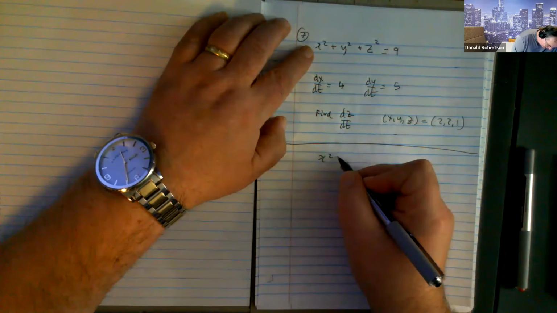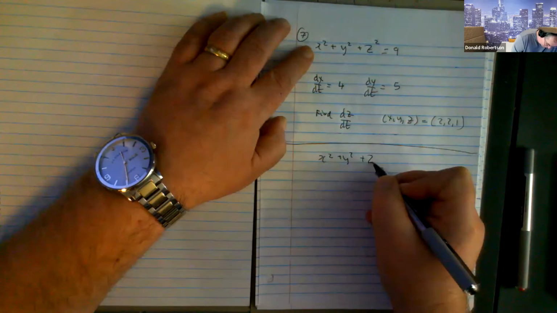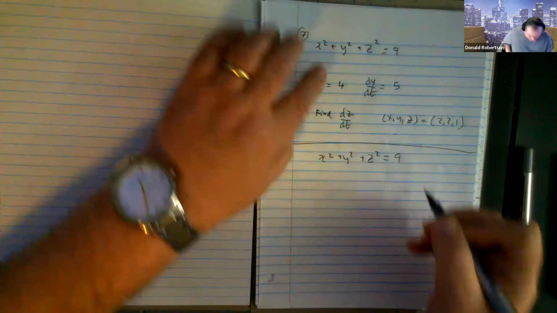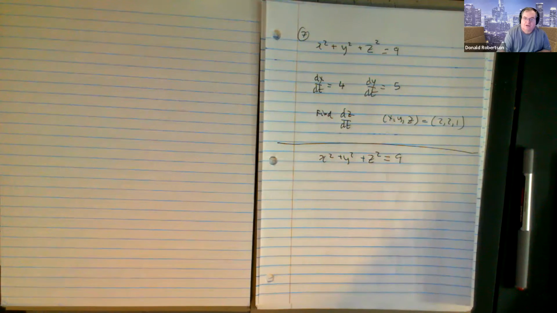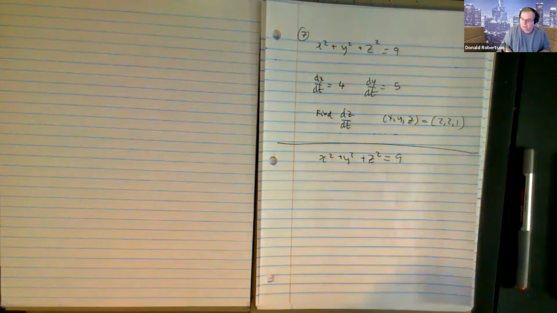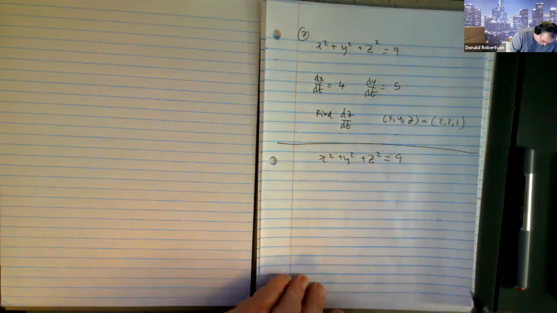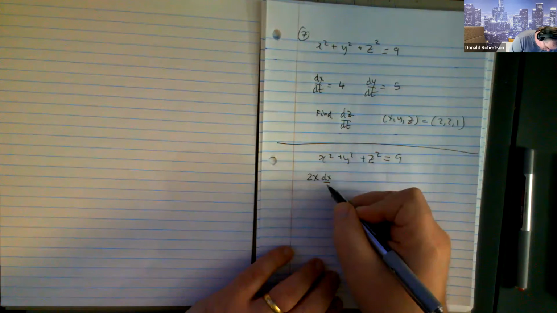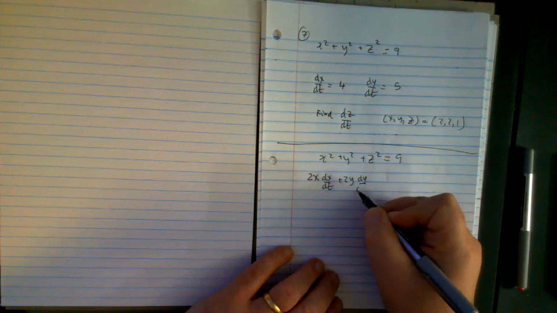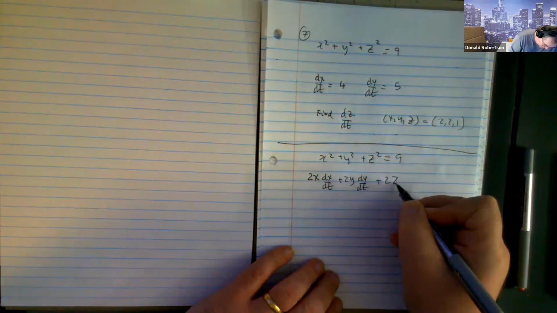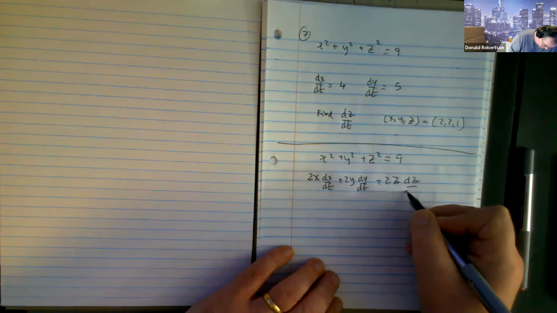Right, so we already have the connecting equation, an equation that has x's, y's, and z's in it. So that's great. I don't need to get one. Okay, so what I'm going to do now is differentiate with respect to t. So 2x dx by dt plus 2y dy by dt plus 2z dz by dt.